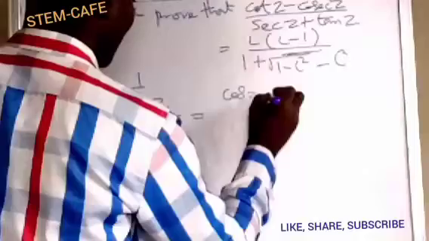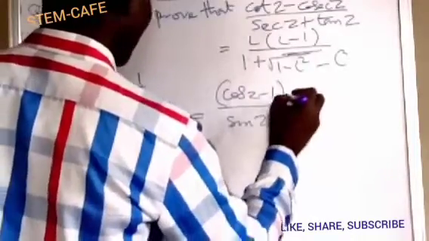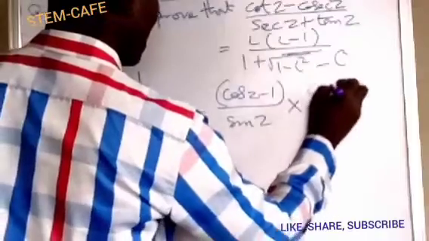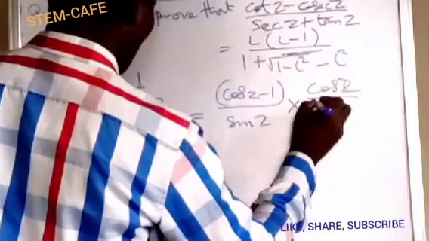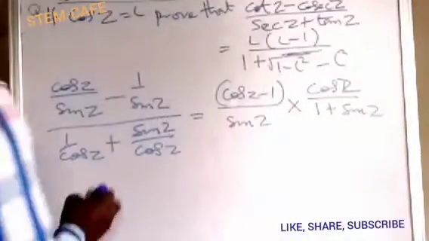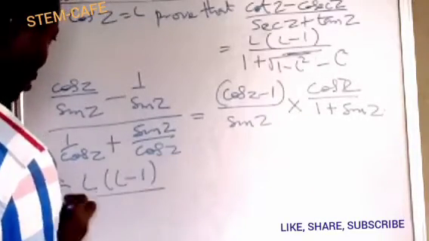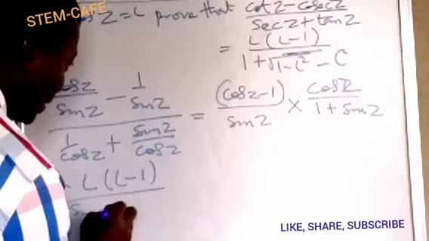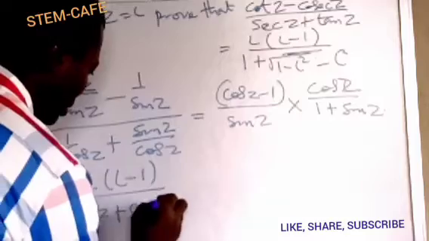(cos z minus 1) over sin z times cos z over (1 plus sin z). We can see that this will give us L into (L minus 1) over sin z into (sin z plus sin square z).